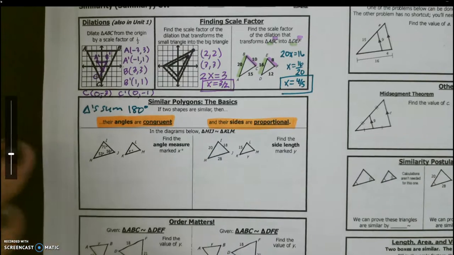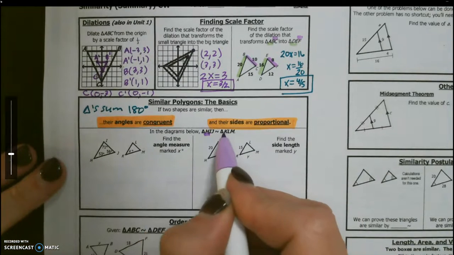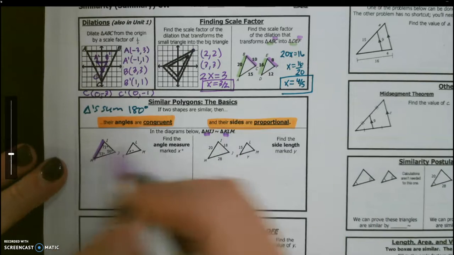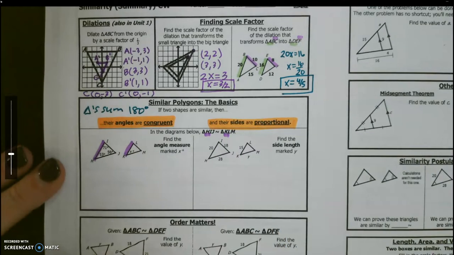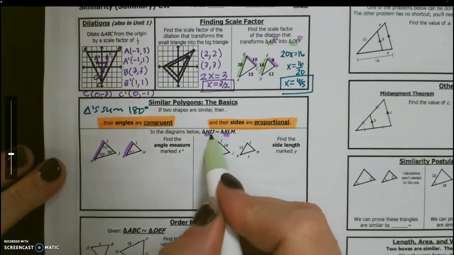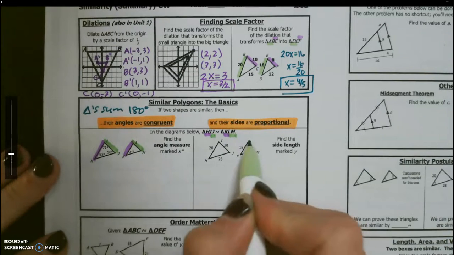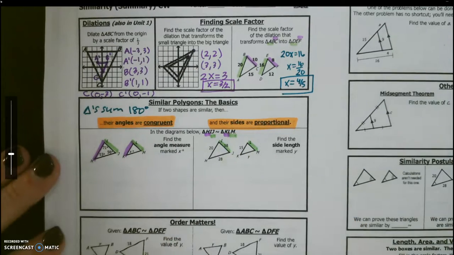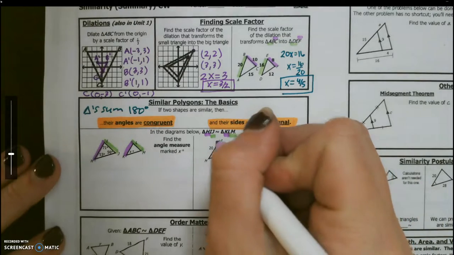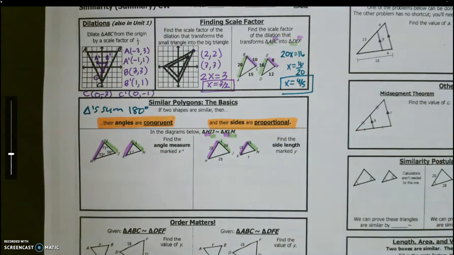They give us a similarity statement. If we pay attention to the order, HI corresponds with KL, and IJ corresponds with LM. I'll color code them both right now.